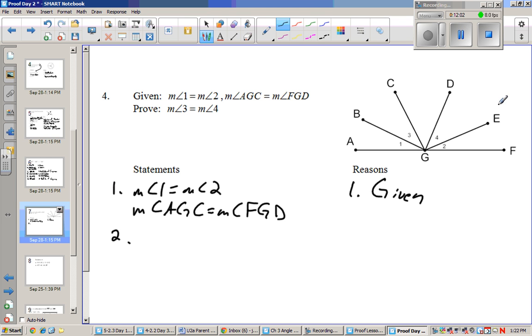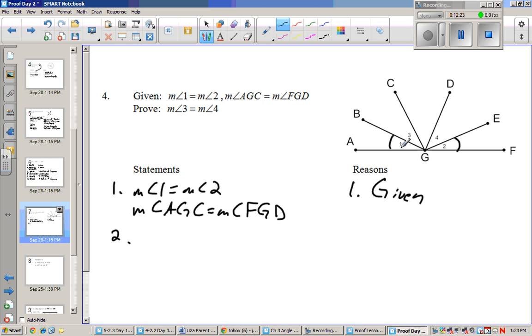All right, so I know this measure is equal to this measure, and AGC is equal to DGF. Now we want to prove that 3 and 4 are congruent, or measure of angle 3 is equal to angle 4.